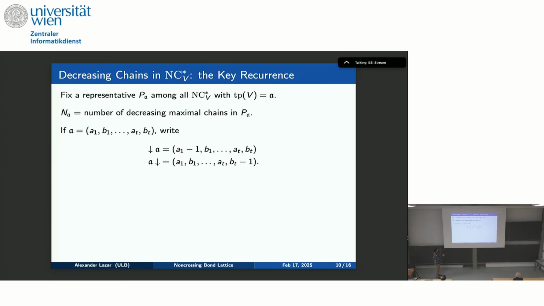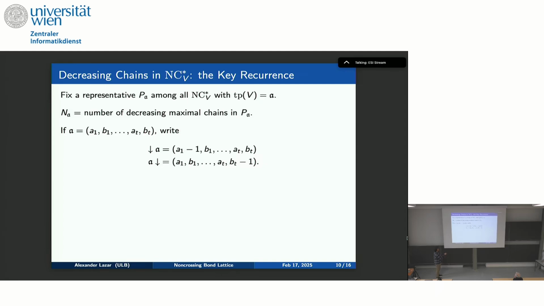And so if I have A equals A1, B1 through AT, BT, the A's are the lengths of the odd runs and the B's are the lengths of the even runs.